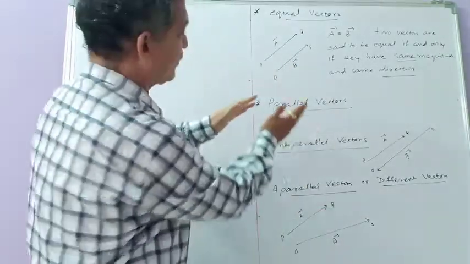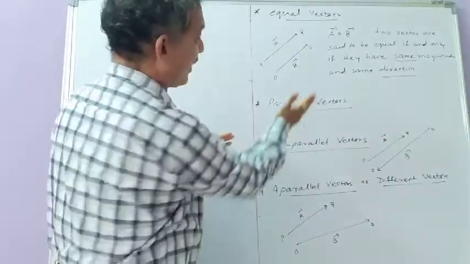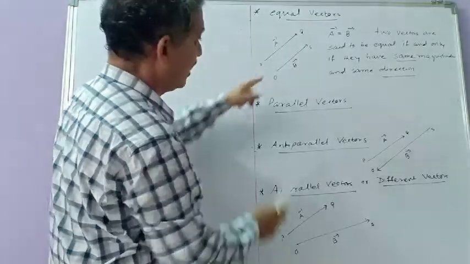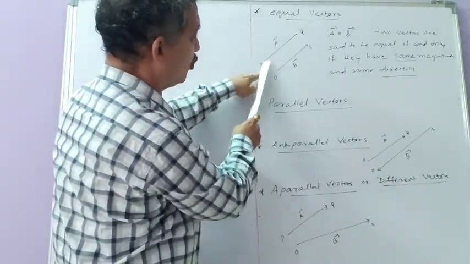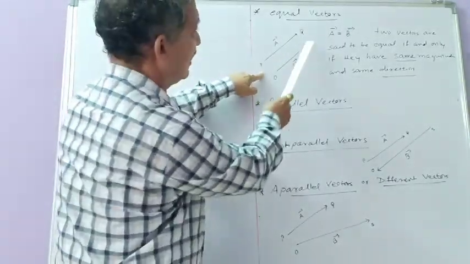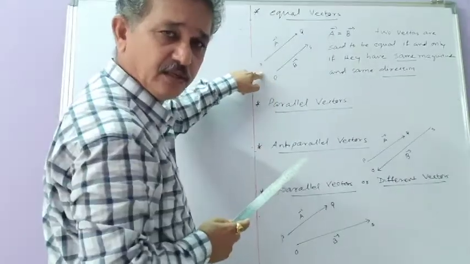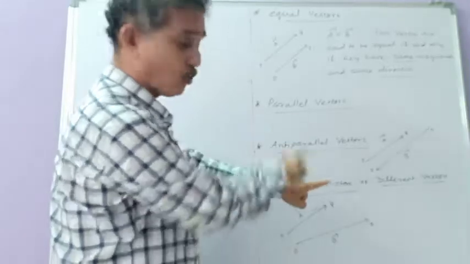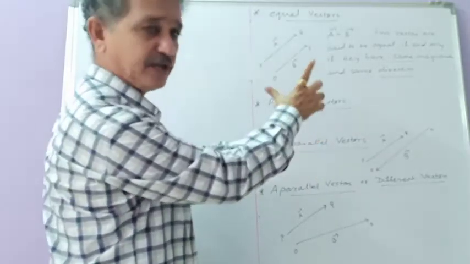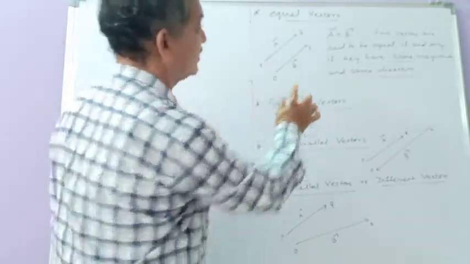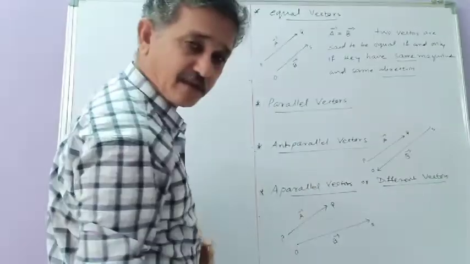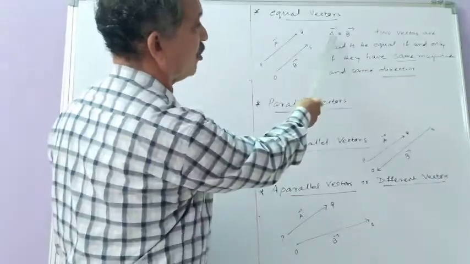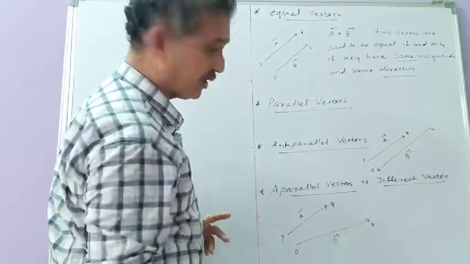You have to shift the vector B parallel to itself towards the vector A. After some time, point O will coincide with point P and point S will coincide with point Q. It automatically shows A and B are coinciding with each other, having the same length and same direction. Then such two vectors A and B are said to be equal vectors. It is denoted by the symbol vector A equal to vector B.